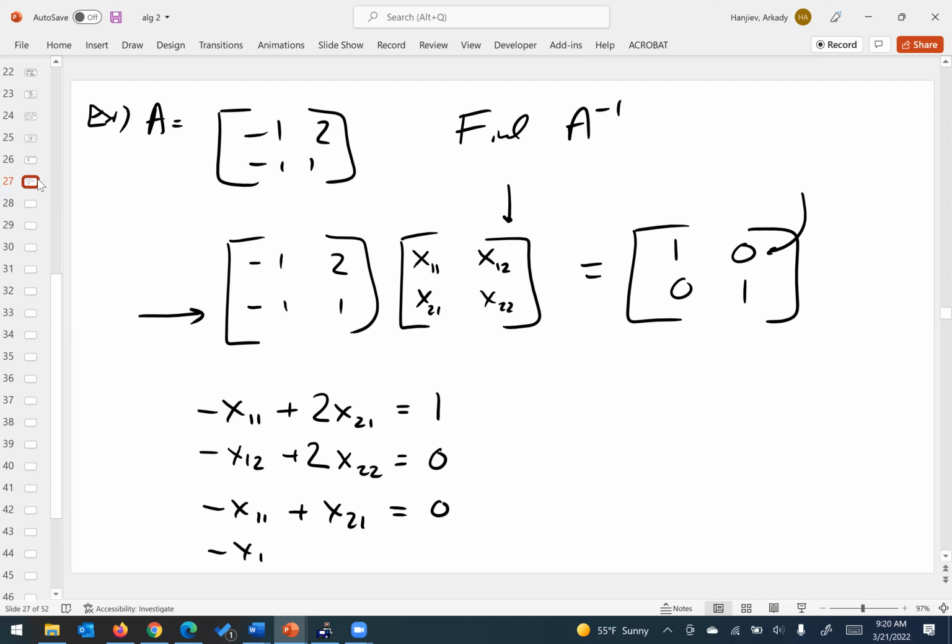Negative x1, oh sorry, 1, 2 now. Plus x22 is equal to 1. Oh boy.